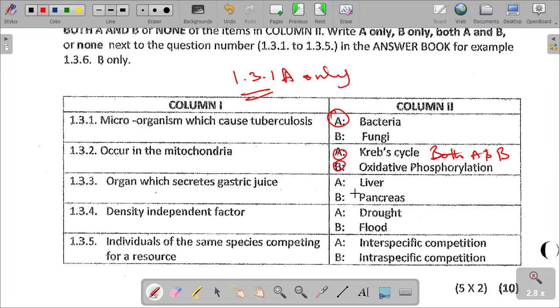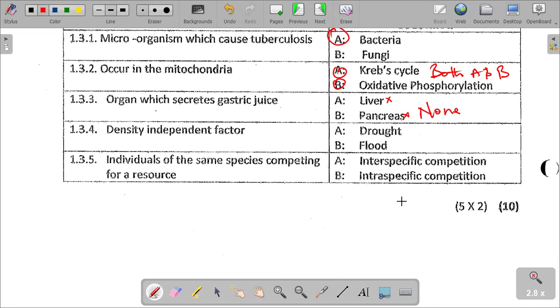So in 1.3.3, it is none of these. Gastric juice is not secreted from the liver or the pancreas. So please take note so that you don't get the answers wrong.